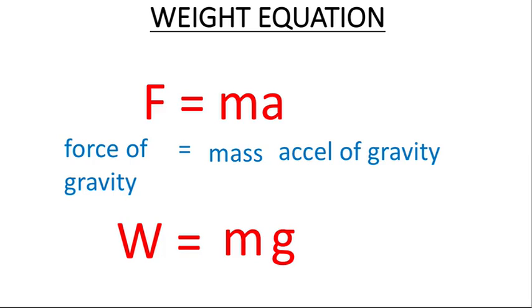If you go to the amusement park and a ride tells you that it is 5 Gs, what it really means is the acceleration is 5 times the acceleration of gravity. Notice, as I put these letters back together, that we formed the weight equation. So the weight equation is actually just an application of Newton's second law. Now you know where it comes from, and so as we use it for the rest of the year, it will no longer feel like a magic equation.